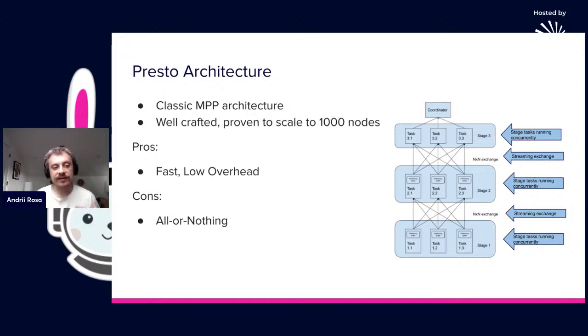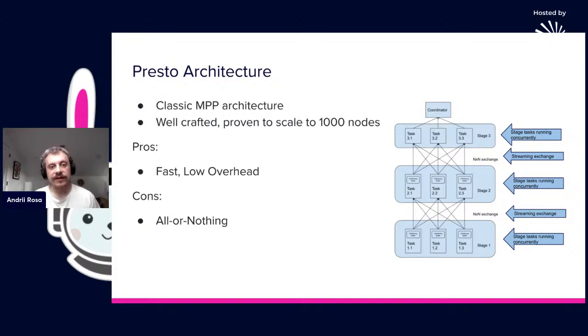The data exchange between stages in Presto is implemented in a streaming way. So in order for a task to make progress, somebody has to consume its output. What effectively it means is that all the tasks from the same query have to run all at once. There are certain corner cases when we can reduce the number of tasks or stages running in parallel, but generally the mental model is that in the general case they have to run in parallel.